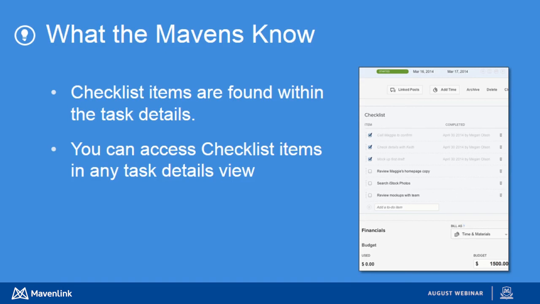And so you'll see that completion stamp, you'll see that resource, who worked it and completed it right within any task details view. These task details, they populate for any task, any parent task, subtask, any deliverable milestone task as well. So literally any task you put into Mavenlink will have these checklist items that can be completed.